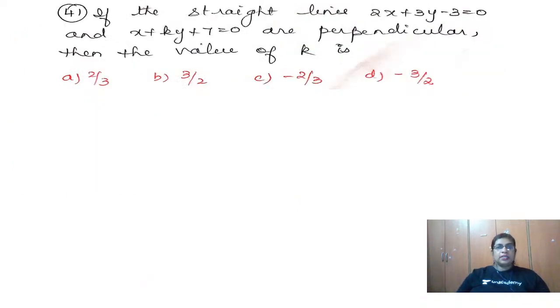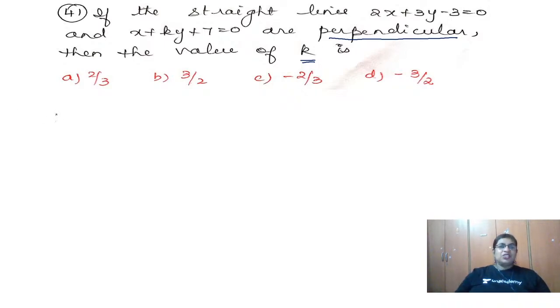Question number 41 says, if the straight lines 2x plus 3y minus 3 is equal to 0 and x plus ky plus 7 is equal to 0 are perpendicular to each other, then what is the value of k? Now in the straight lines chapter, this problem I'm going to explain in 2 ways: one is the logic and the second is the shortcut.